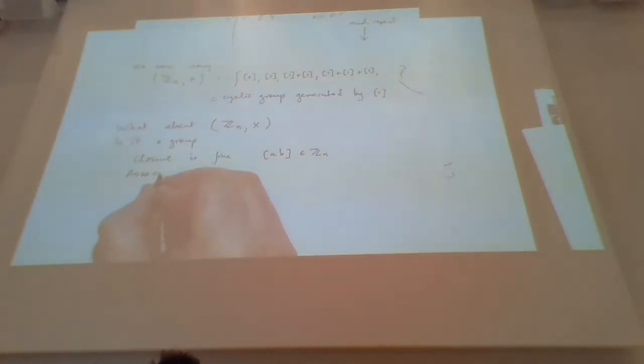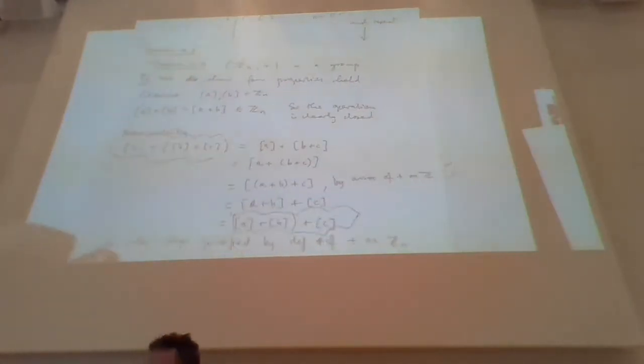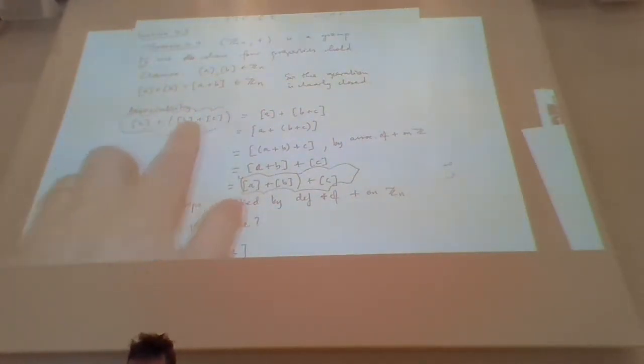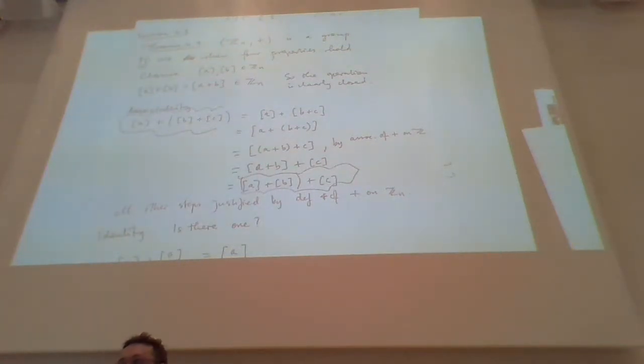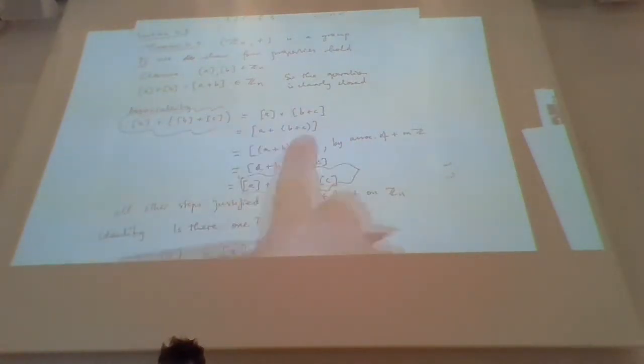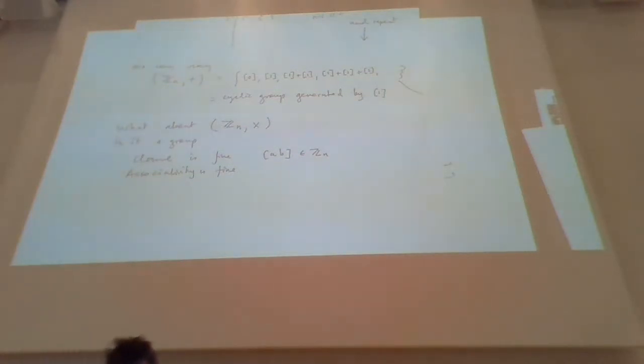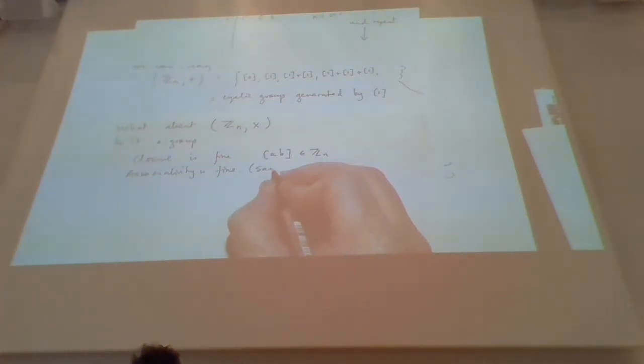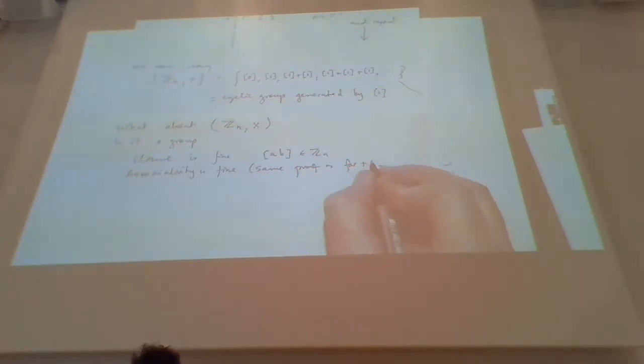Exact same proof as we had for associativity of addition, just change every plus to a multiplication sign. It's exactly the same argument. So associativity is fine, same proof as for plus.